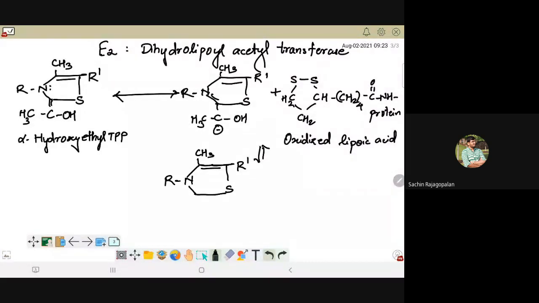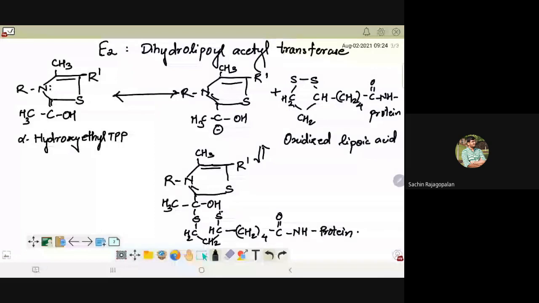So I have my hydroxyethyl group intact, and this is where the structure is going to attach itself. We are going to break the bond between the sulfurs and attach it here. So this is how it is going to look.